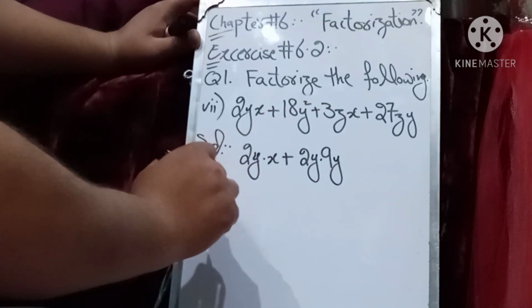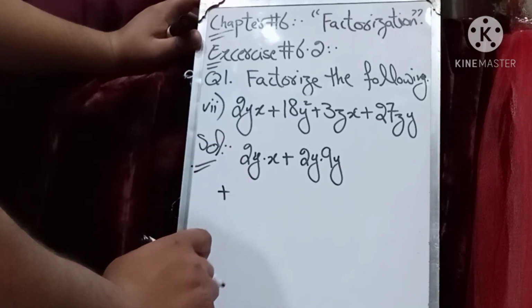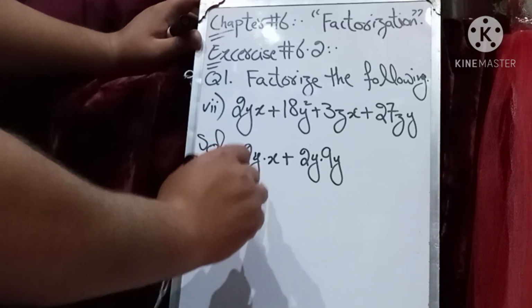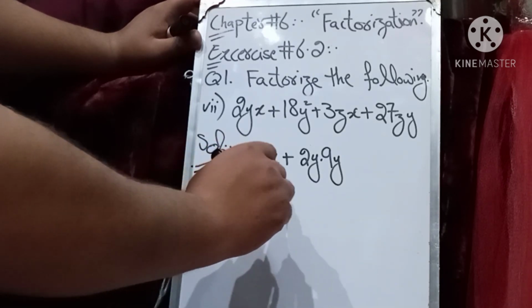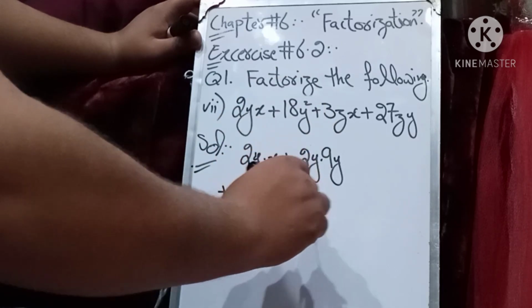And in the remaining terms we get 3z as common: 3z into x plus 3z multiplied with 9y.